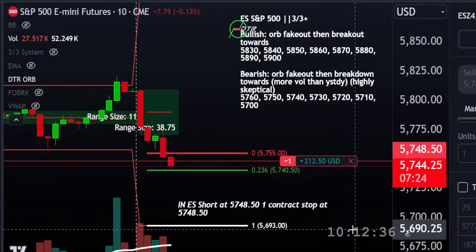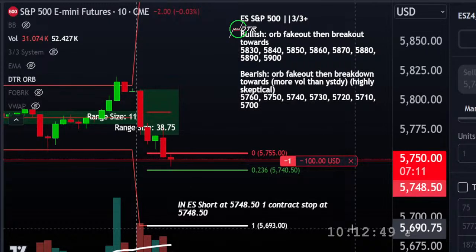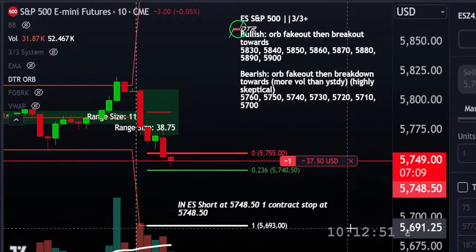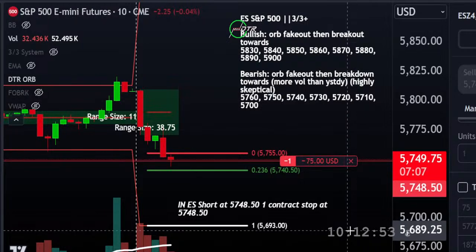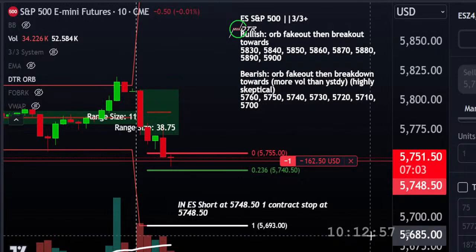But so far, so good. Again, possibly a little bit of a pullback there, which I don't like.